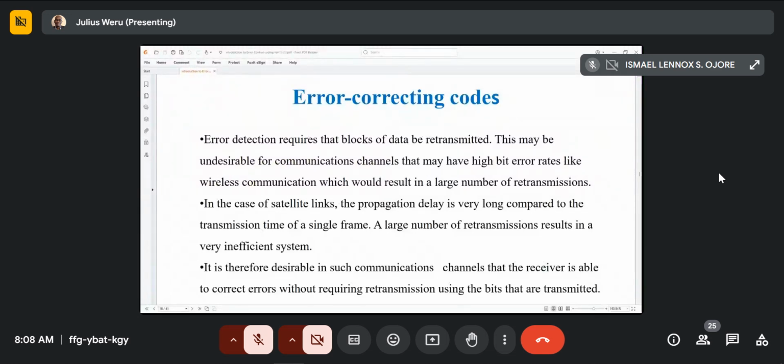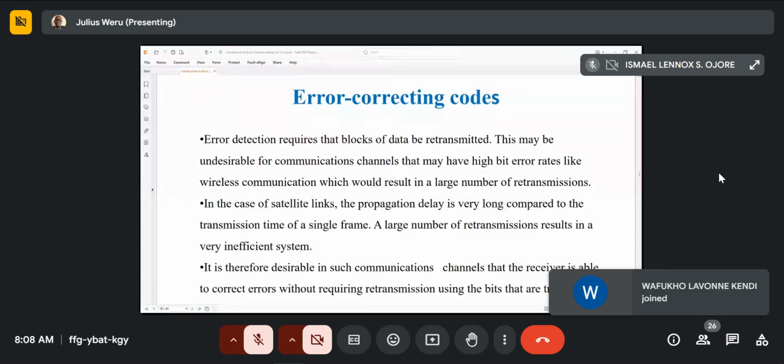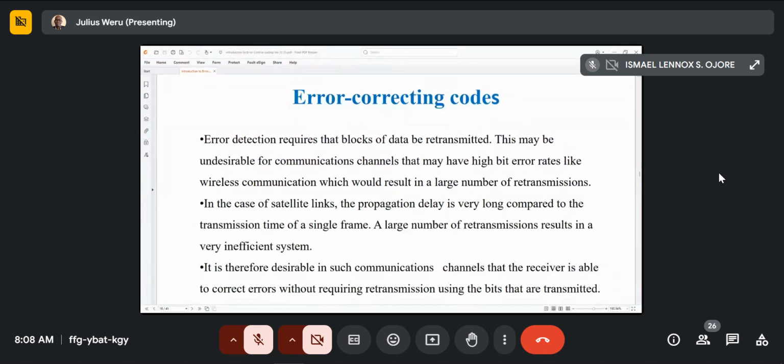You create the code words from the generator matrix, and then you use an error checking matrix at the receiver to establish whether there are errors or not, and subsequently correct those errors.